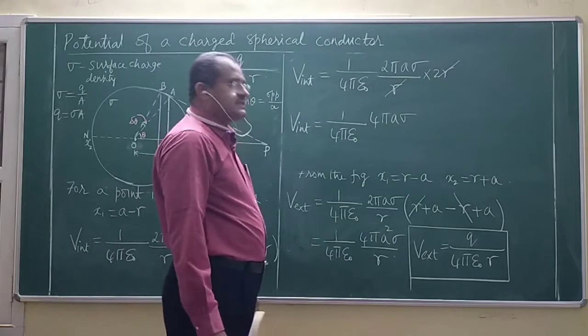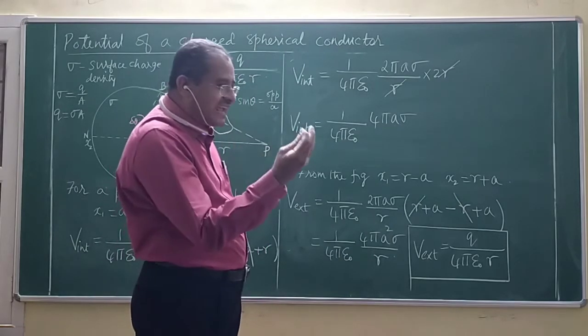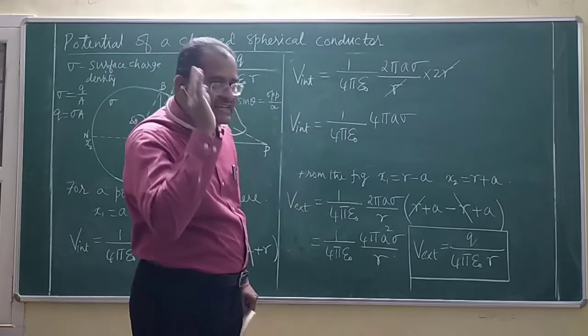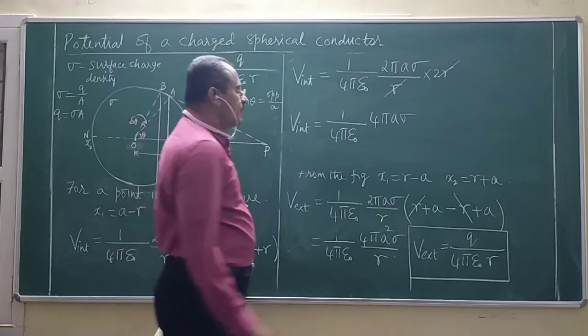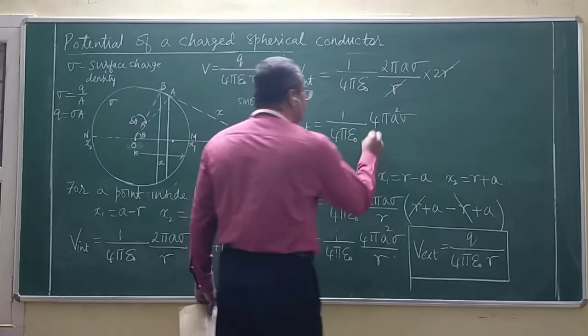What I am going to do is multiply this expression by A and divide this expression by A as well. Multiplying this expression by A, I get A squared.